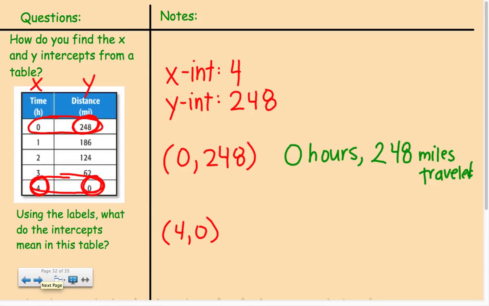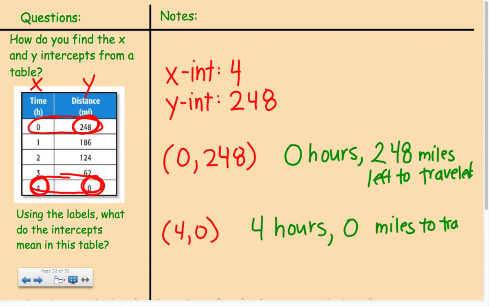So after 0 hours, there's 248 miles left to travel. And then after 4 hours, we have 0 miles to travel left. We got to make sure that it makes sense.